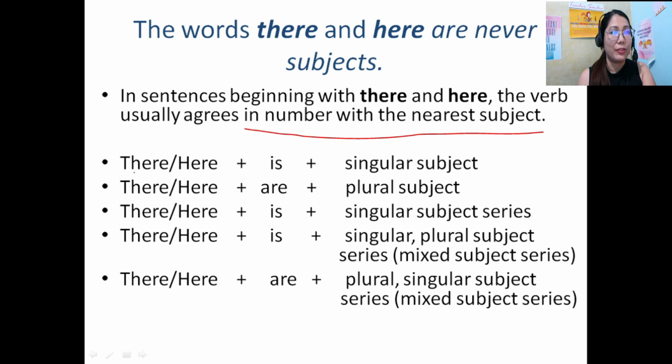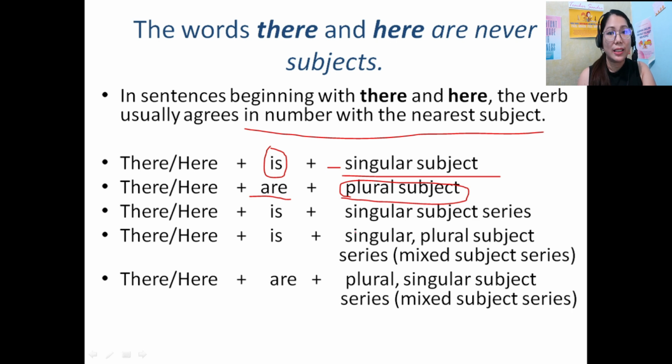So here we have there, here, plus is, plus a singular subject. After the verb, if it is singular, then it should be is. And after the verb, if it is plural, then it should be are, like there are or here are.